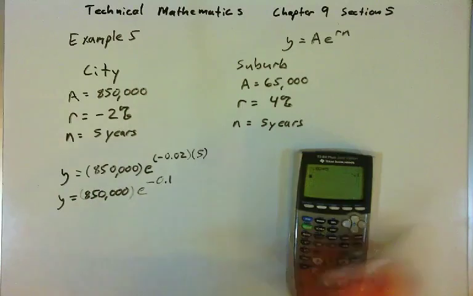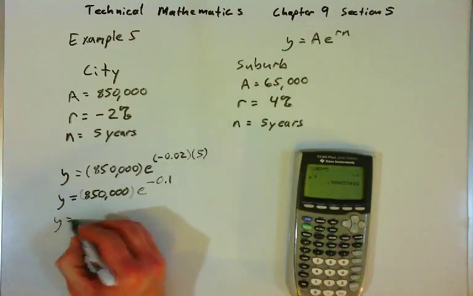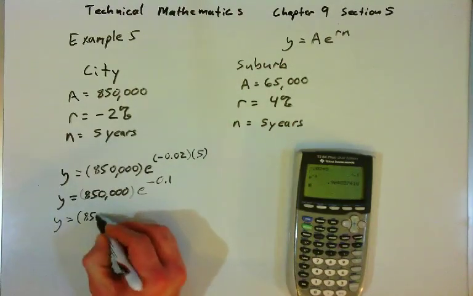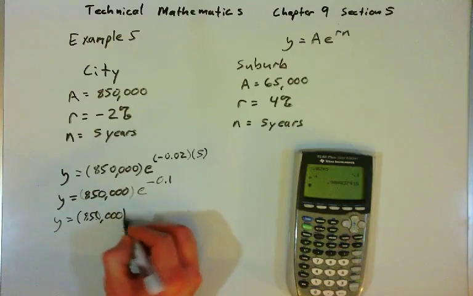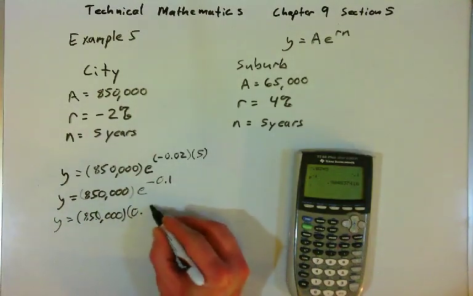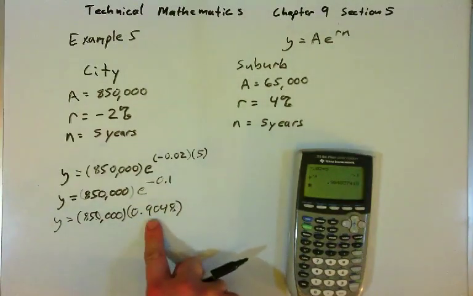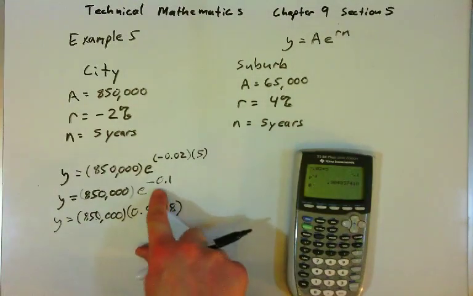And now I would take e to this power, and so second e to the x, negative 0.1. And so we get y is equal to 850,000 times 0.9048. And you can see that this number is less than 1. And that's because the exponent was negative.